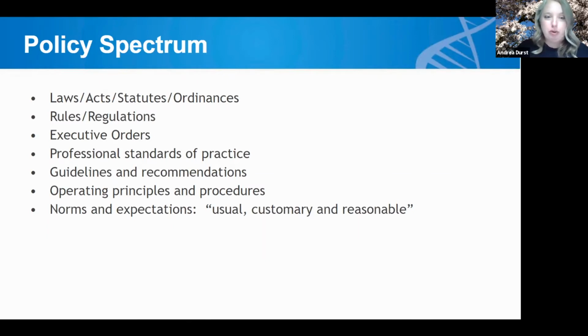So for example, professional standards of practice, guidelines, and recommendations all play a large role in genetic counseling. Some examples of these include the NSGC practice guidelines and position statements, insurance company guidelines for coverage, or national organization guidelines on who's appropriate for testing or management of individuals with specific genetic conditions.